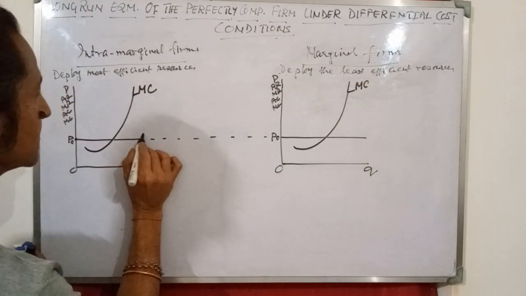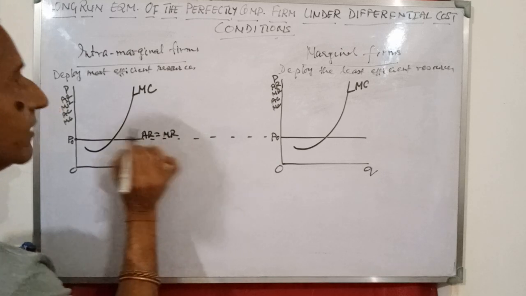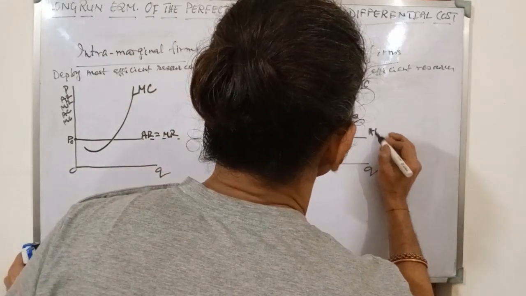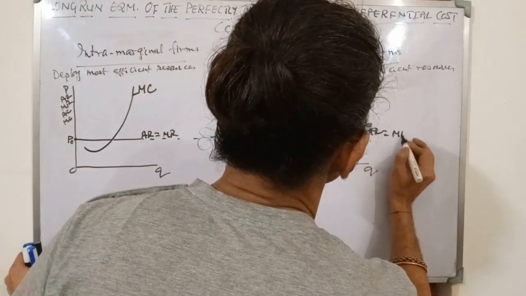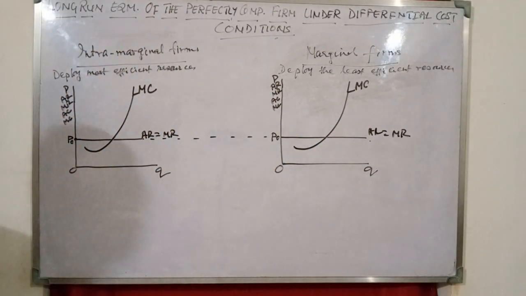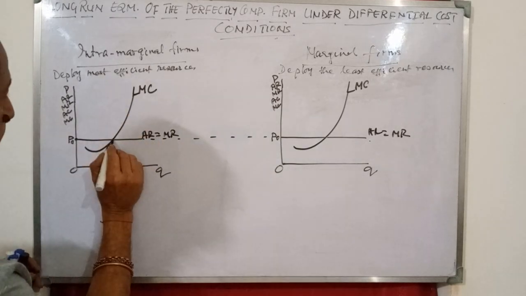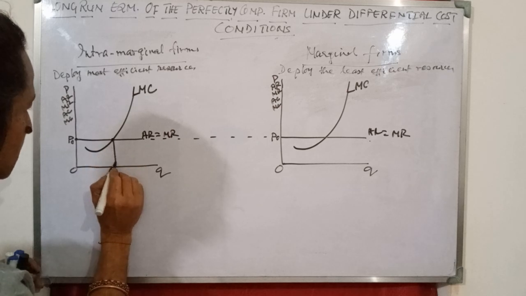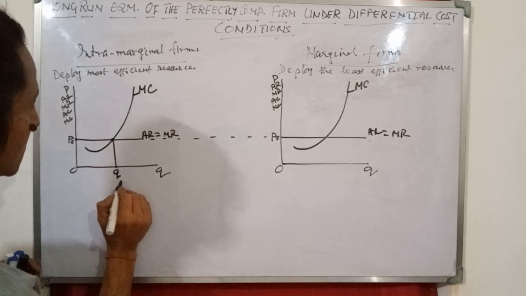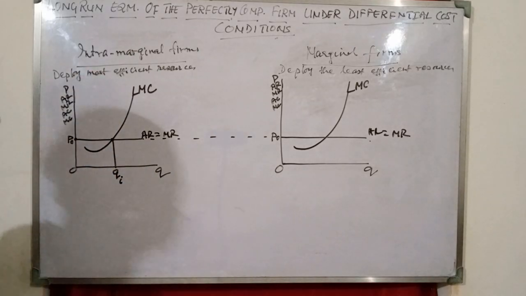This is AR, MR. This is AR equal to MR, a horizontal straight line parallel to the x-axis. Here the MR and MC intersect at this point. So equilibrium quantity is, say, Q sub I for intra-marginal firm.